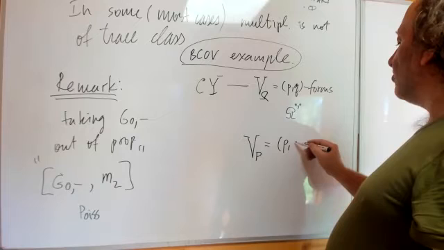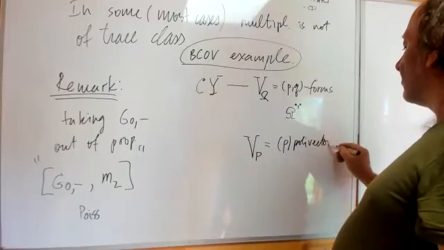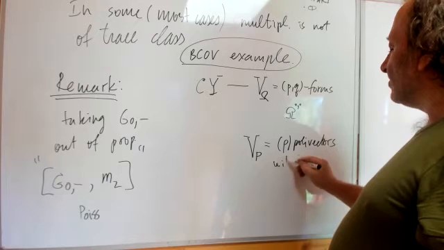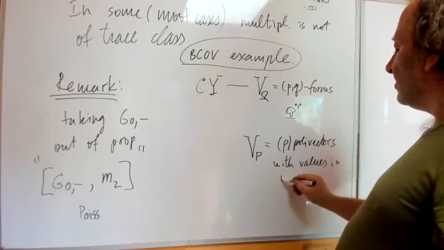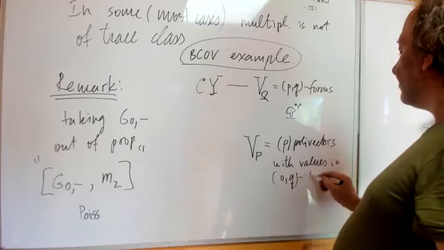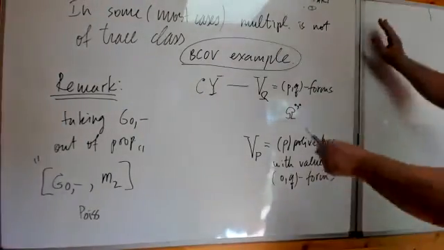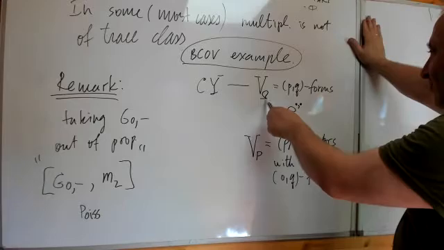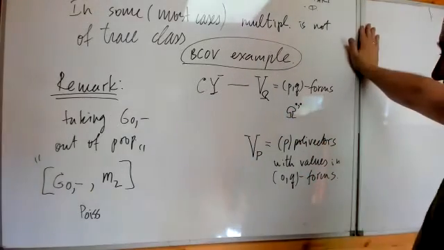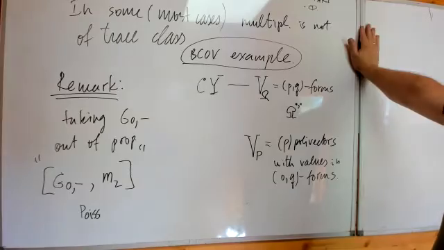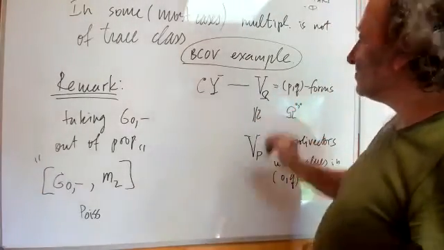It is P polyvectors with values in 0Q forms. So when I use forms, I call this space V omega. When I understand it as polyvectors, I call the space VP. They are isomorphic.